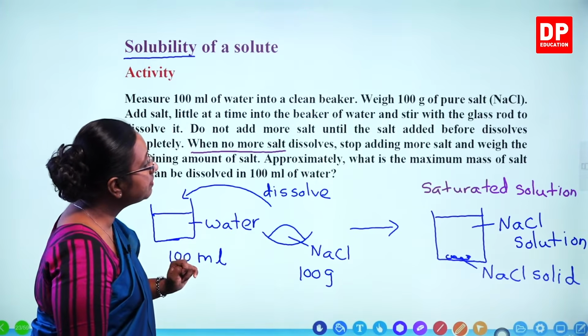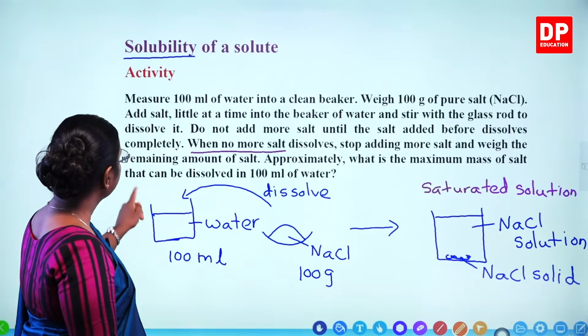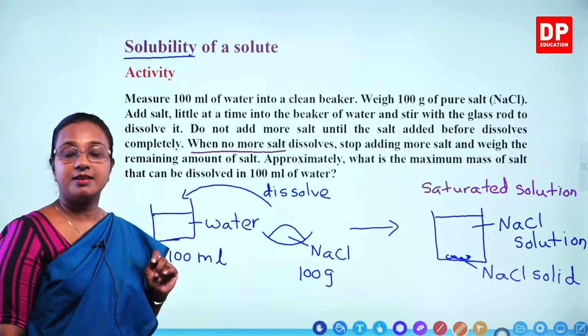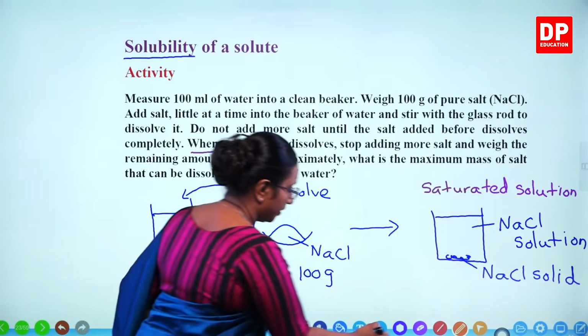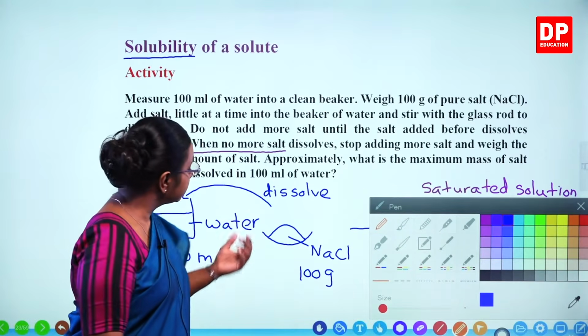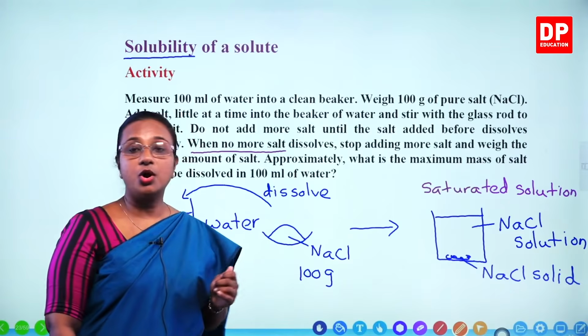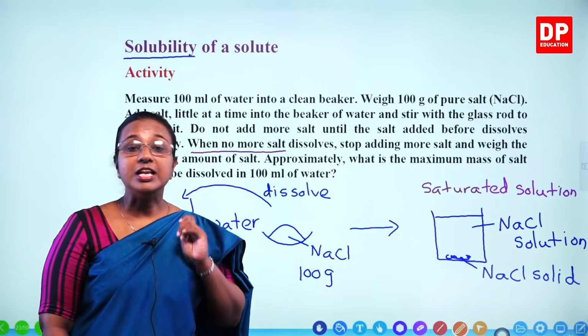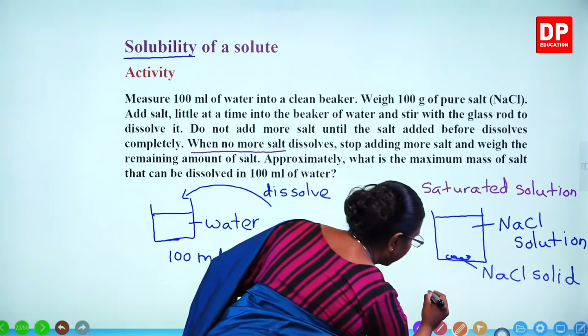Approximately, what is the maximum mass of salt that can be dissolved in 100 milliliters of water? So, here, after reaching this point, still there will be some salt remaining. We need to find that amount.